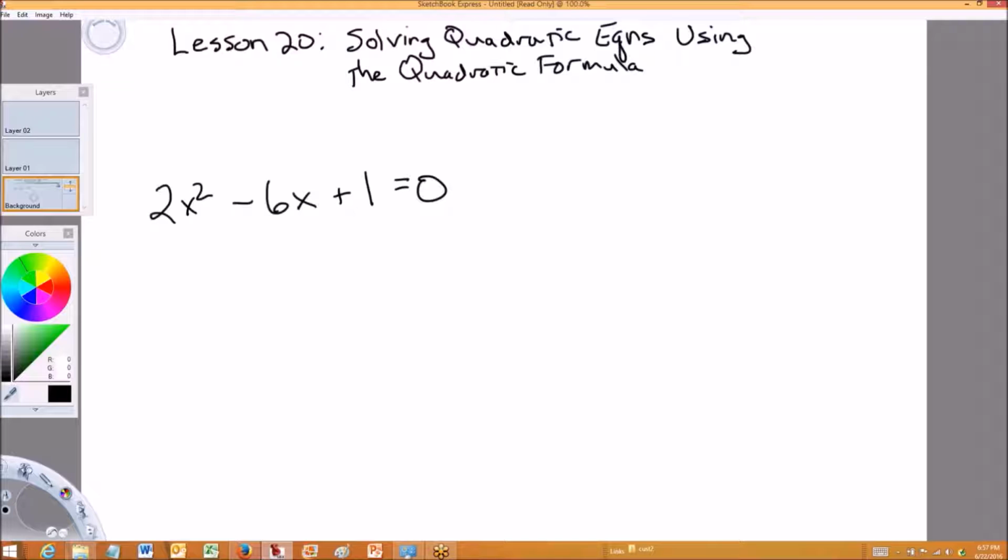Note that this is an equation, not an expression, because we have an equal sign. Unlike the previous example when we were factoring, that was just an expression. This is an equation. Okay, now how do we solve for x in this? Well, the surefire method is the quadratic formula.